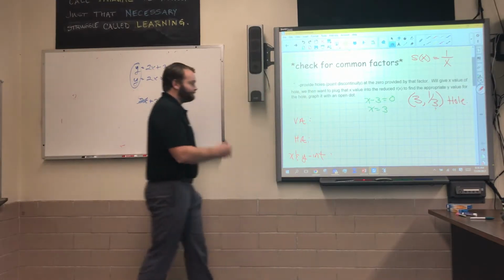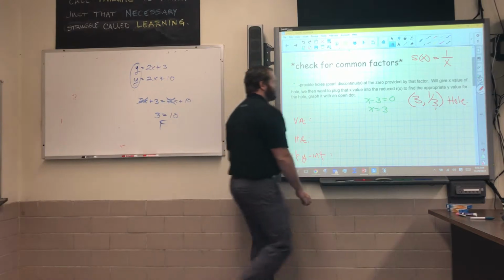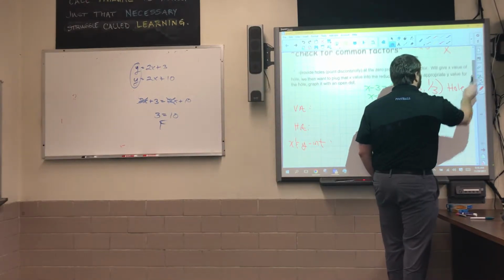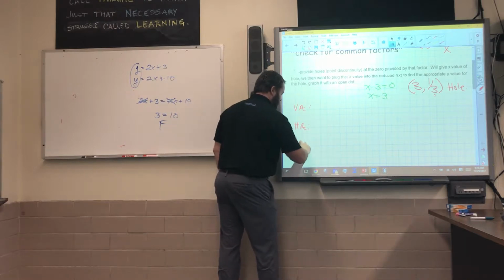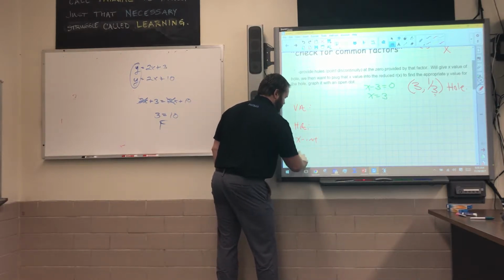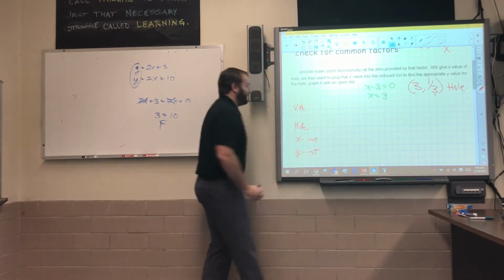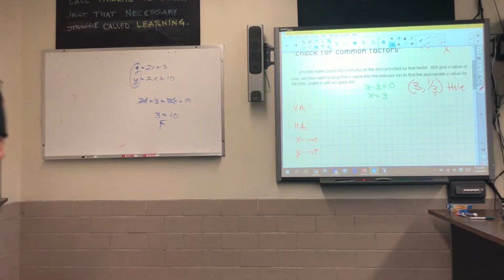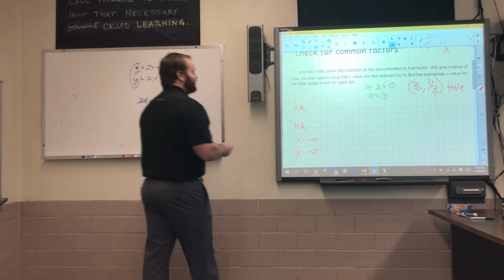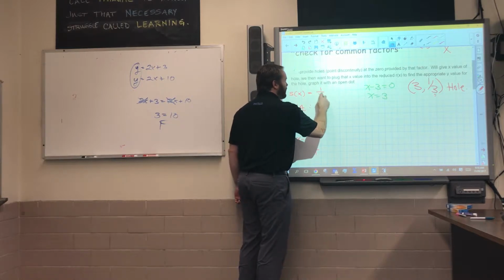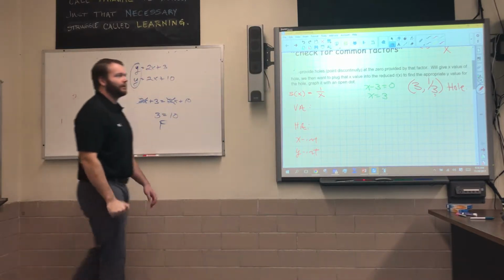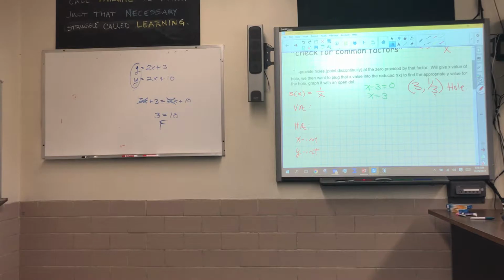I'm going to write those as individual items: x-intercept, y-intercept, and then if we need to, we can find some test points. But we're going to do all this with the function s of x equals 1 over x, the reduced version.